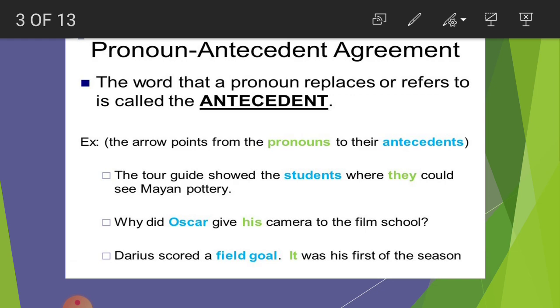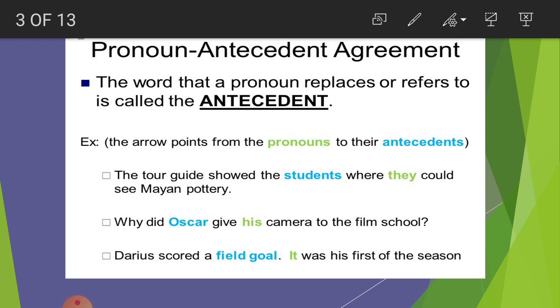And what have we used in place of students? They. So students is the antecedent, because in place of students we have used the pronoun they. Got it, children? So what is the antecedent? That particular word in place of which we have used the pronoun.